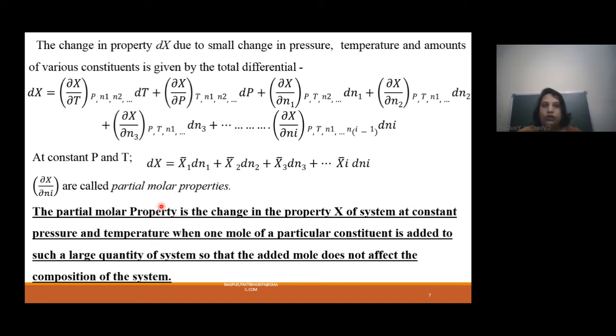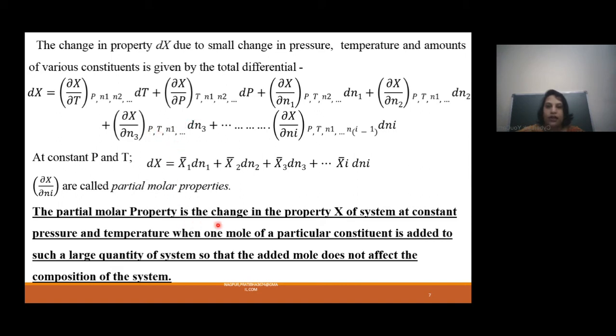So it can be concluded that partial molar property signifies the change in an extensive property with change in number of moles of a constituent at constant temperature and pressure and other numbers of moles. Because most chemical, biological, geological processes occur at constant temperature and pressure, it is convenient to provide a special name, partial derivative, for all such thermodynamic properties with respect to mole number at constant temperature and pressure.